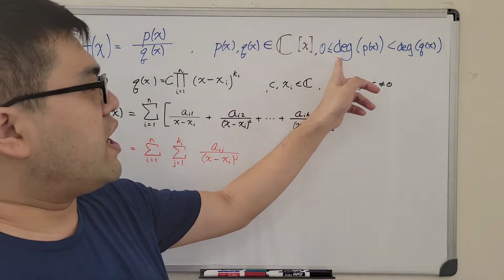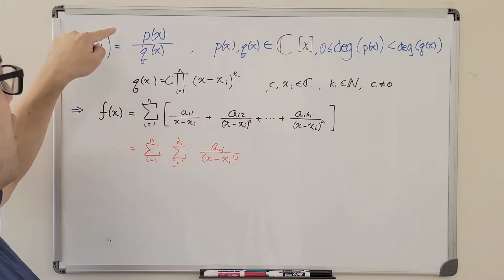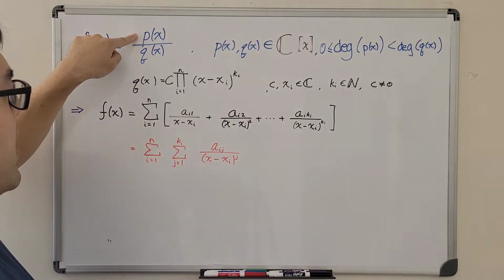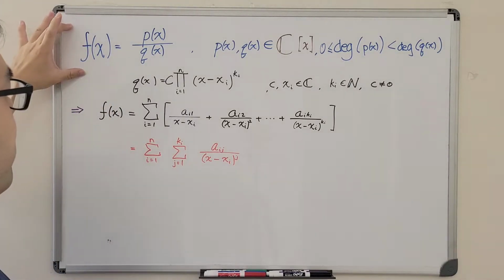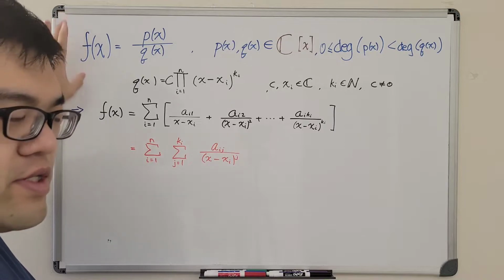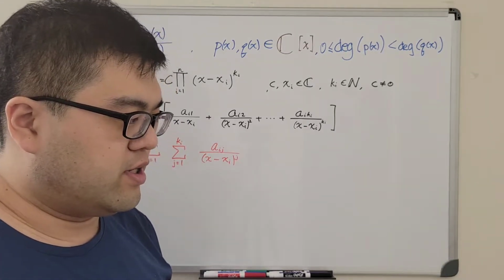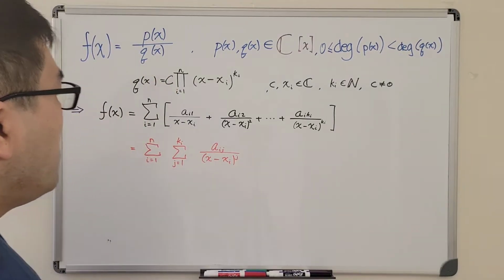And also we have the degree of the polynomial p of x is strictly less than that of q of x, so that this rational function f of x is a proper fraction.